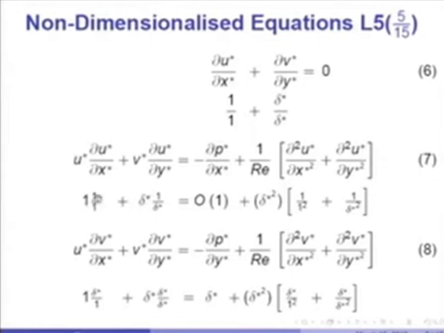I will now turn my attention straight away to the diffusion terms. Then you will see this term is of the order of 1 by 1 square, whereas this term is 1 divided by delta square. And it is quite obvious therefore, that this term would usually dominate over this term, because delta is so much smaller than 1.